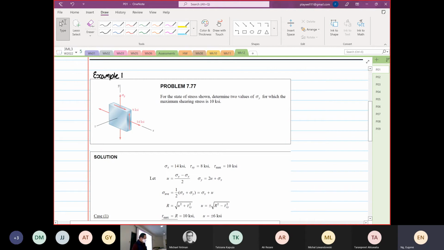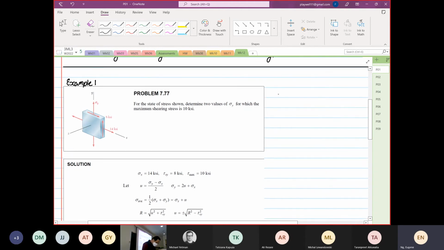We were tasked to find two values of stress Y, and there's a condition that we have to meet. The condition is that tau max must be equal to 10 KSI.